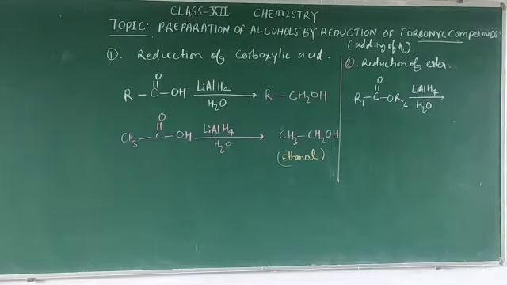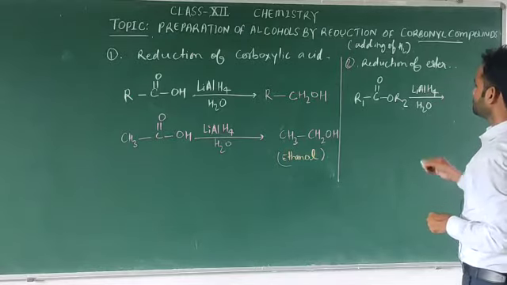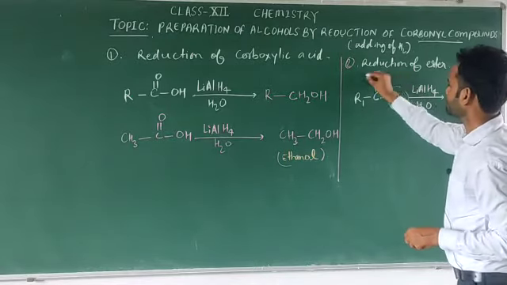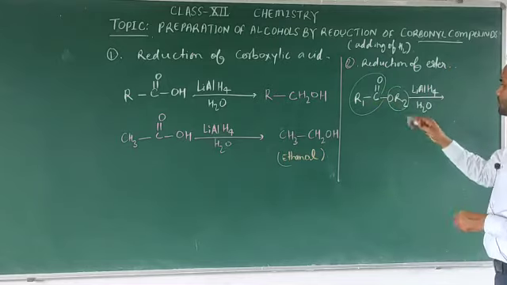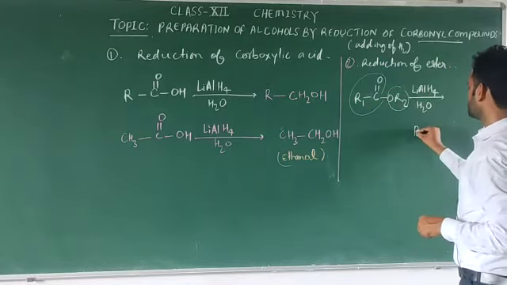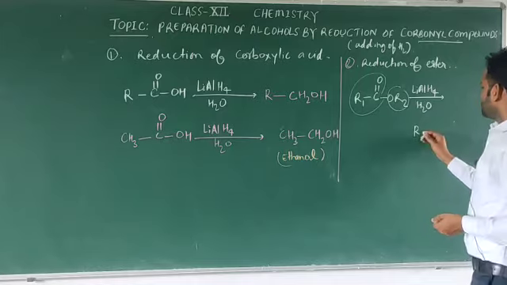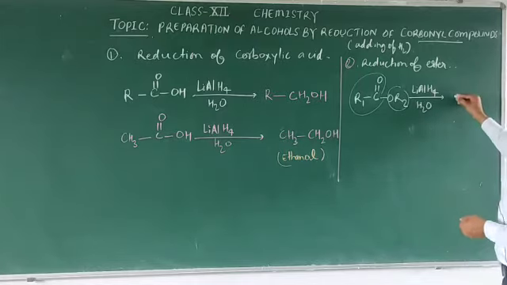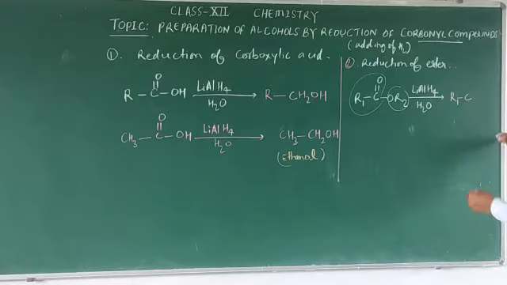Then here we will get two compounds and both will be alcohols. So the first one will be from this and the second one will be from this. So the first one we will get here, that is we should write here R1, then C. We should break this double bond, and we should add one hydrogen here and one oxygen here and one hydrogen here.